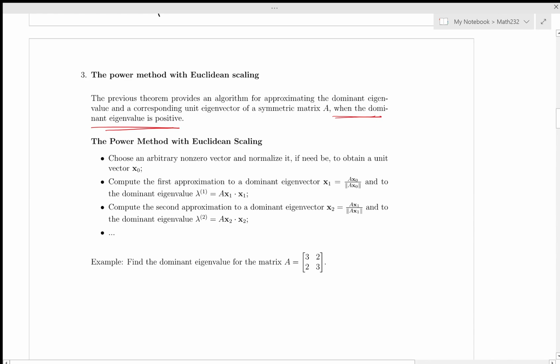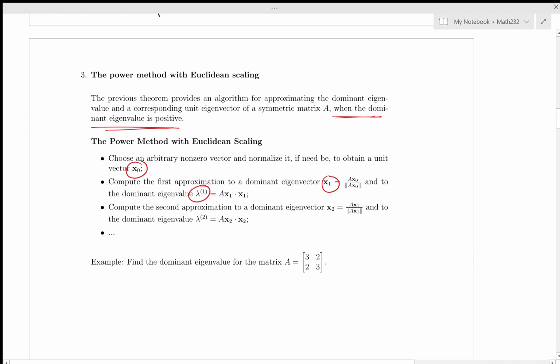So let us just say here, actually really this is just a method, this is a writing out of the method in words. So what we're doing is we chose that arbitrary non-zero vector, we normalized it, and so we got x naught, and then we computed a first approximation to the dominant eigenvector, x1 we calculated, and then at the same time we get this.